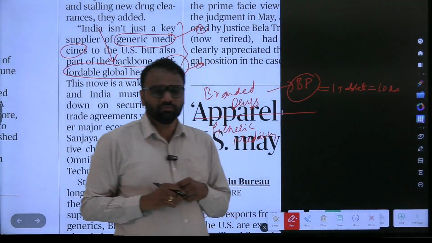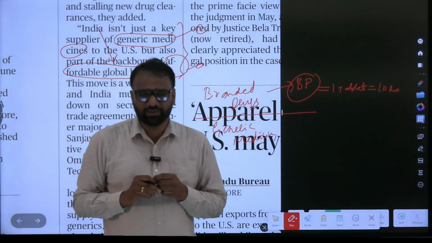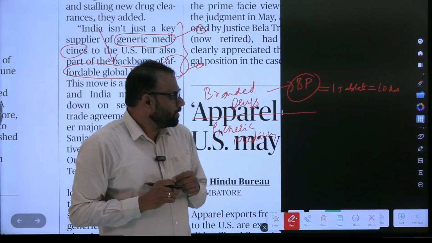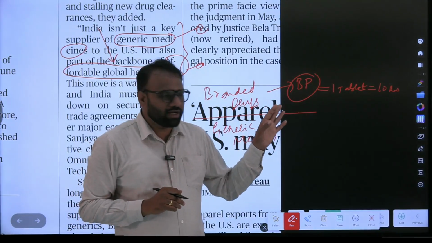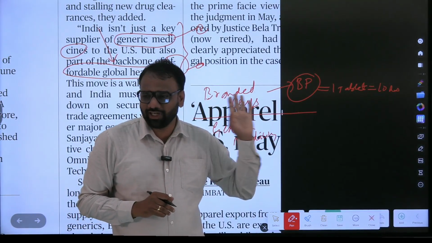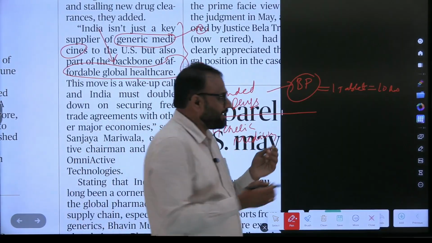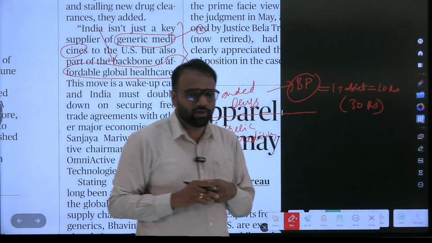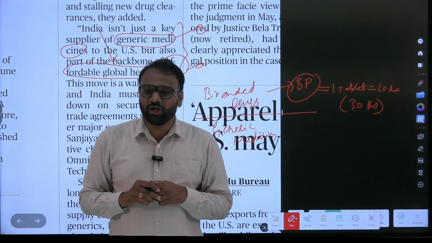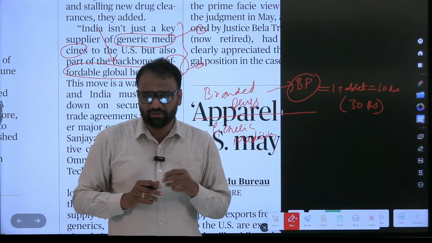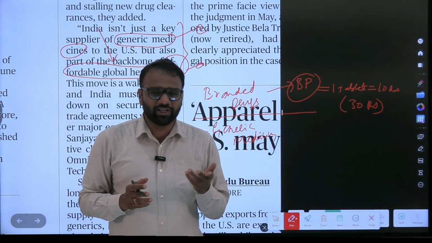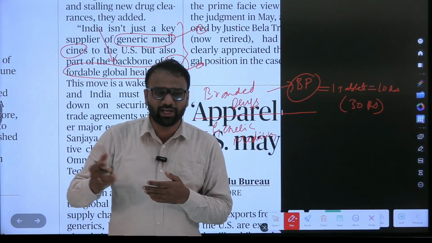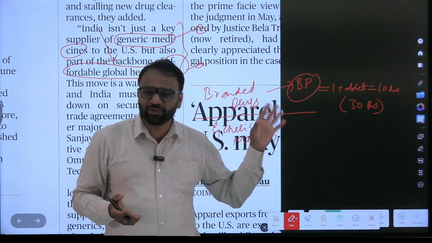A person who has blood pressure has to consume around 2 to 3 tablets per day, so daily he has to spend 30 rupees. But a daily wager, a daily laborer, may be getting around 300 to 500 rupees, and he has to make so many other expenses. For him, even this 30 rupees will be a costly affair.